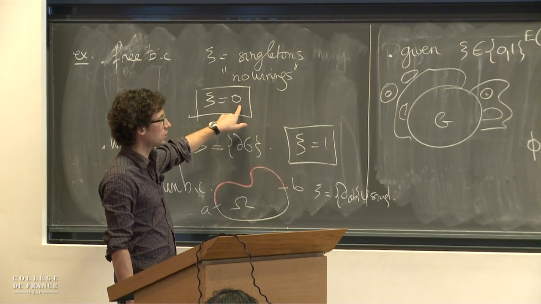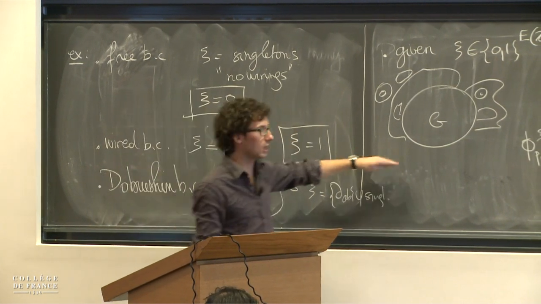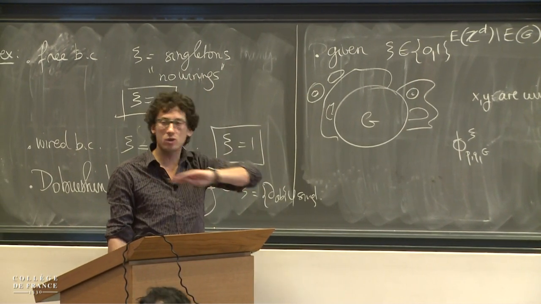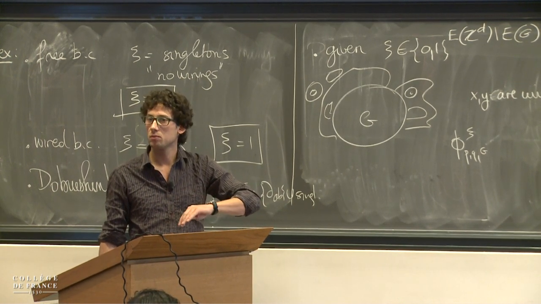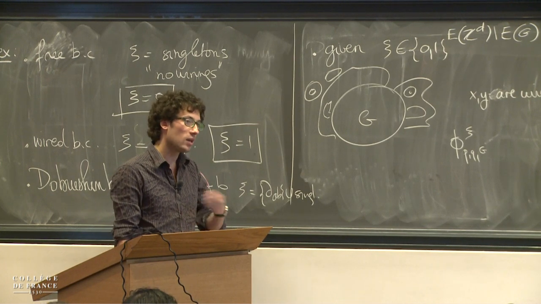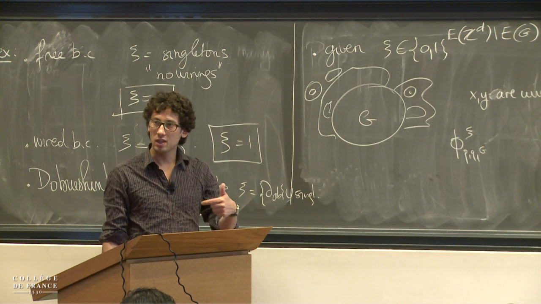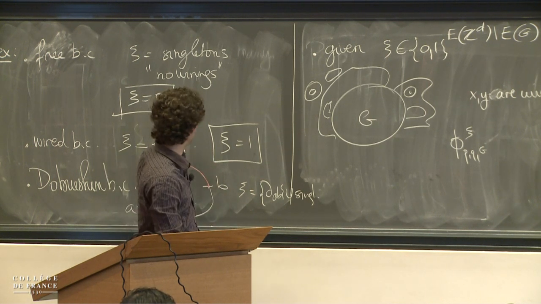What is the boundary condition? I mean, how could I put free boundary conditions by looking at the configuration outside my graph? Well, I can just assume that all the edges outside my graph are closed, right? This will exactly tell me, OK, I am with free boundary conditions. So if psi of E is equal to 0 for every E not in my graph, I get this thing.